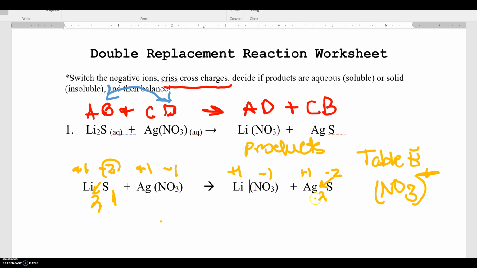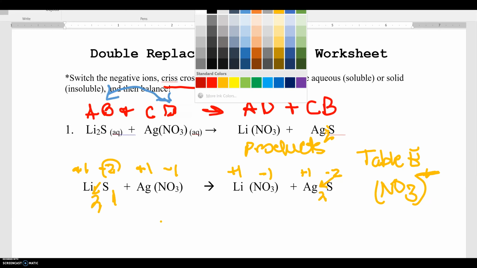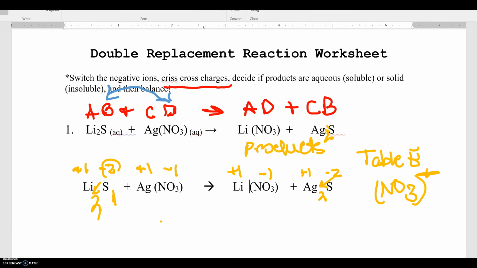So my final equation reaction is Li2S plus AgNO3 gives you lithium nitrate plus Ag2S.